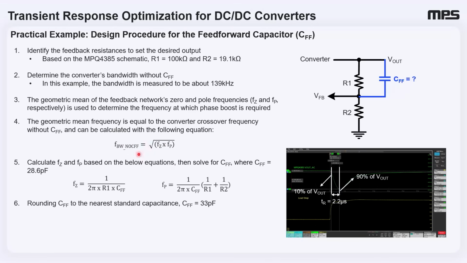So one can see the equation here that the geometric mean of pole frequency times the zero frequency is equal to the crossover frequency that we have estimated.